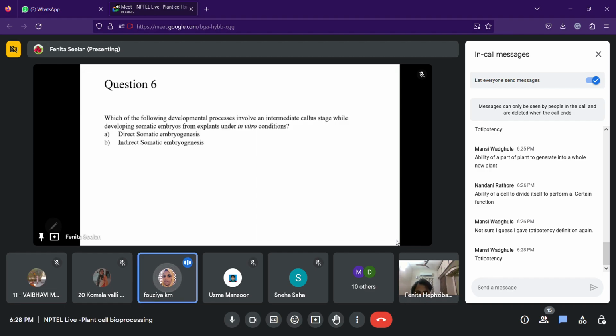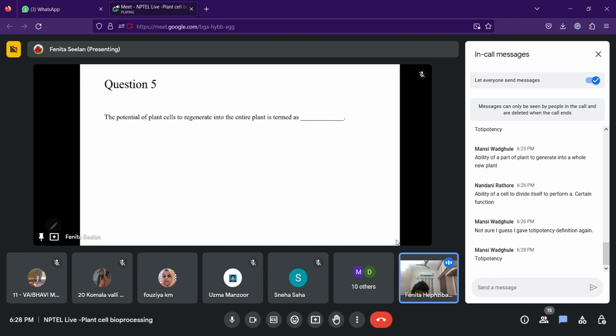Ma'am, then what will be the definition for pluripotency? Same as that? No, no, they are not the same. Because totipotency is the ability of your cells to regenerate into an entire plant.